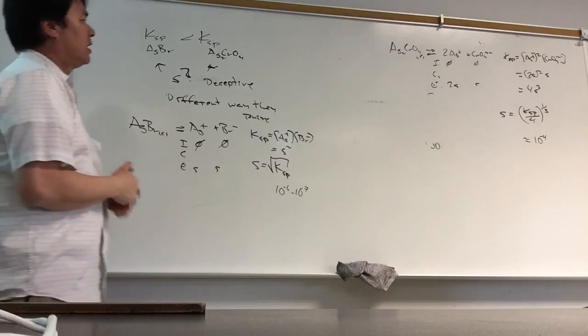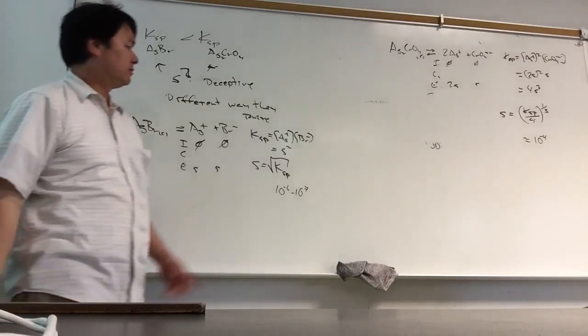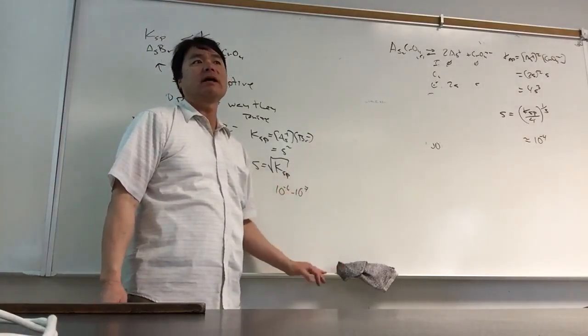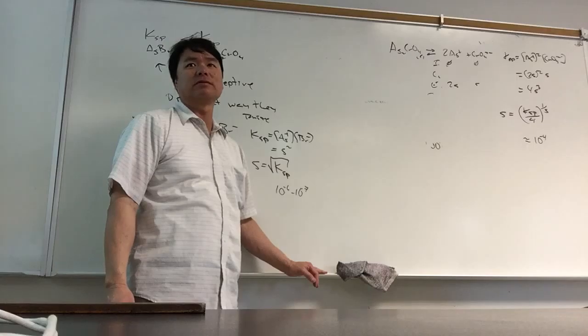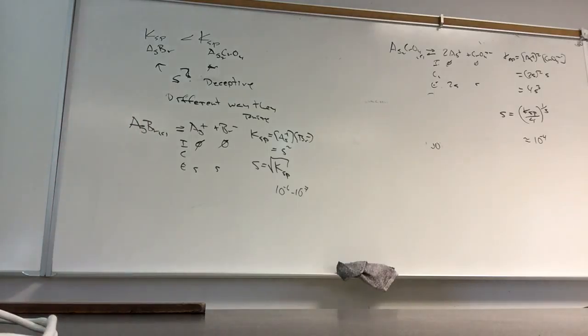And so even though the KSPs only differ by 1 order of magnitude, their solubilities differ by like 2 to 3 orders of magnitude. And so you have to watch out because the splitting can trick you, and sometimes what I'll do is I'll adjust the conditions.